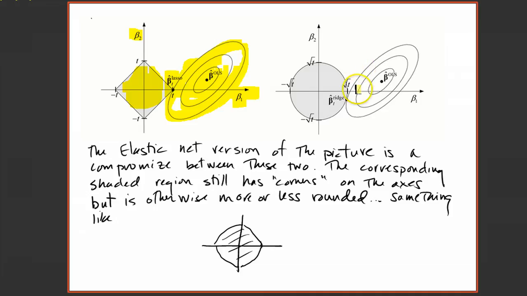For the ridge, if you think about it for a while, you'll come to the conclusion that the region is a circle. And so the idea is, here's the contour plot for the error sum of squares, and I have to stay inside the circle with my constrained optimizer, and get as far down into that depression as I can get.